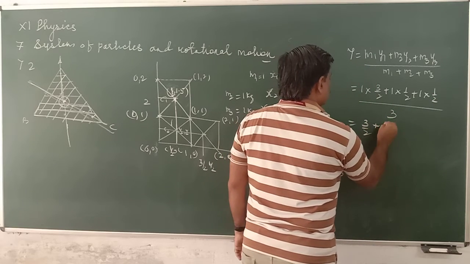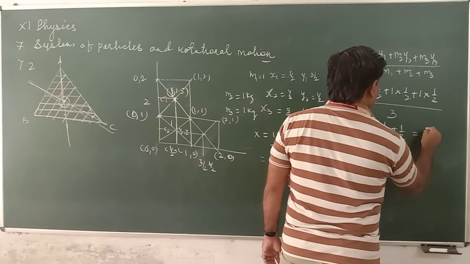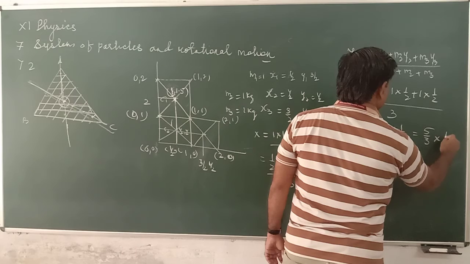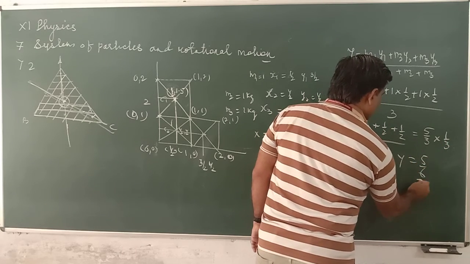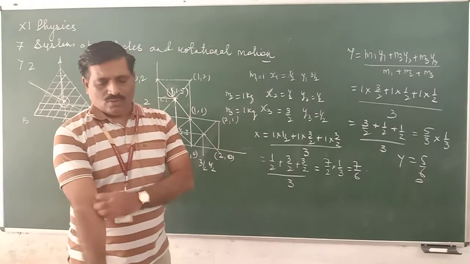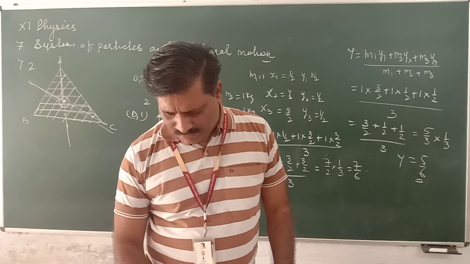That is 3/2 plus half plus half, which becomes 5/6. So one is 7/6, the other is coming as 5/6.